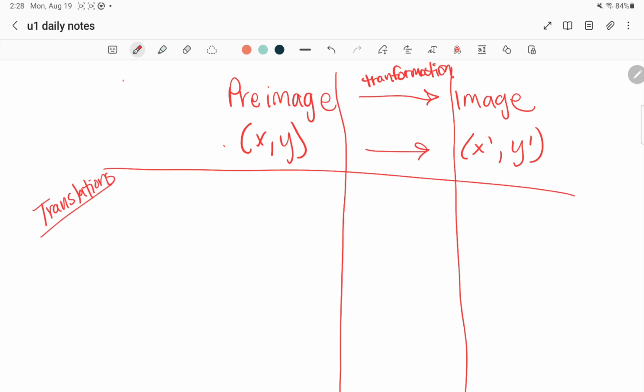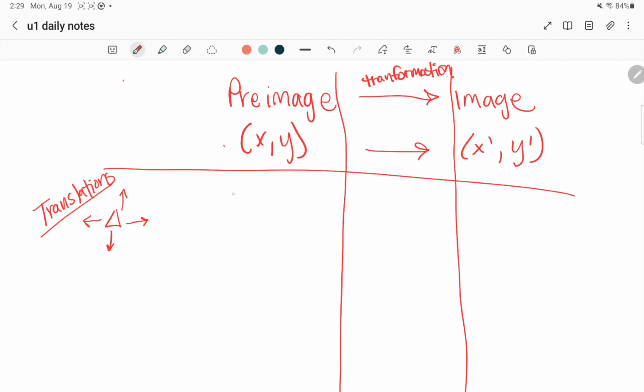Okay, we can have a translation. So if I have my little triangle, it can go up, it can go to the right, it can go down, it can go left. A translation is just a shift. It means I'm just taking it and moving it in a direction.